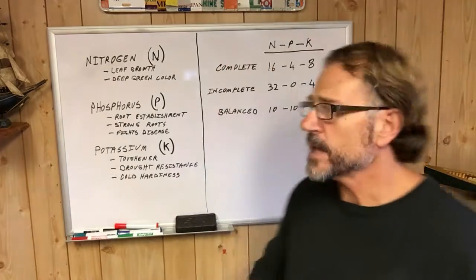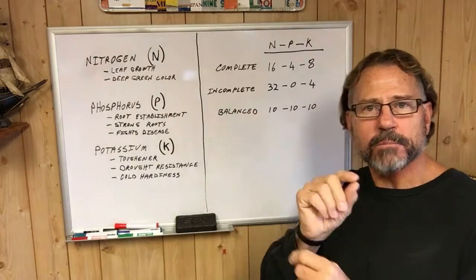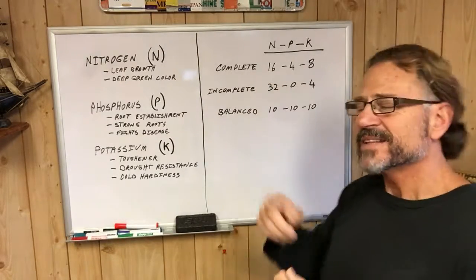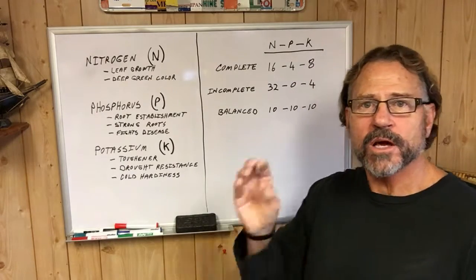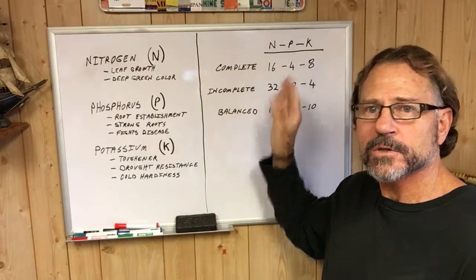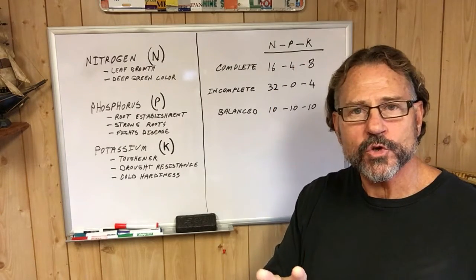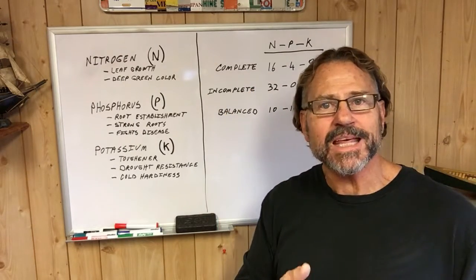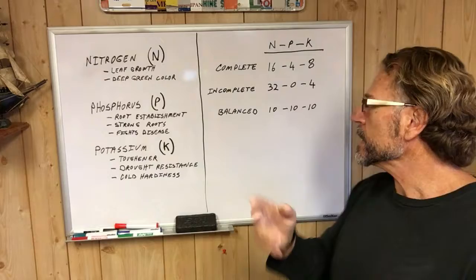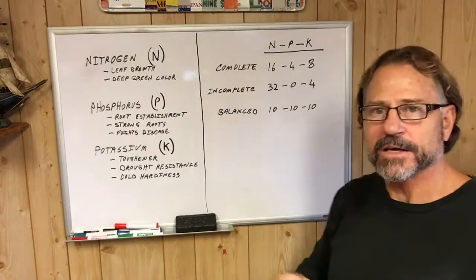Now on a bag of fertilizer, if you see all 3 numbers are positive values like this one, that's considered a complete fertilizer because it has all 3 of those major components included in the bag. If you see a bag that only has 1 or 2 positive values, that's considered an incomplete fertilizer, meaning that one of these nutrients is not included in the bag, and has a 0 value.